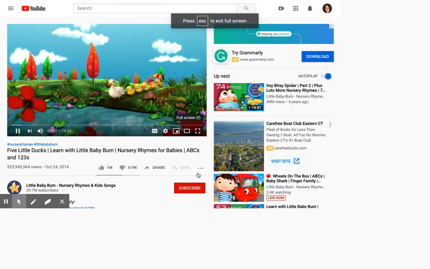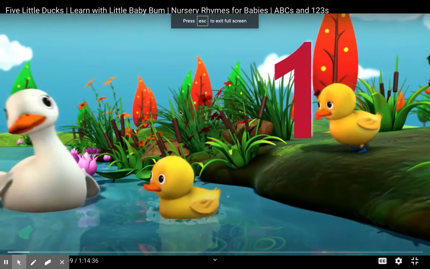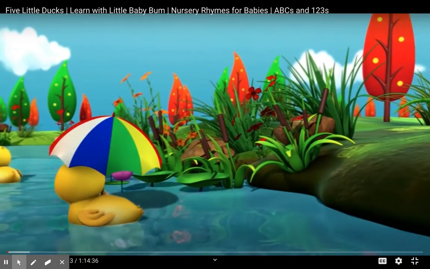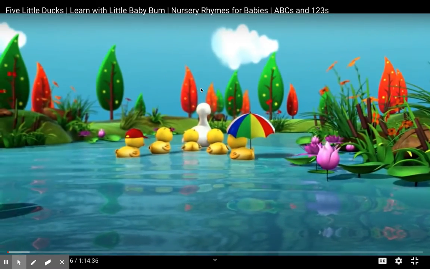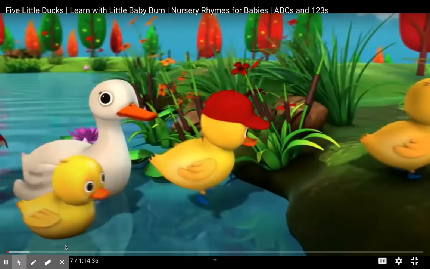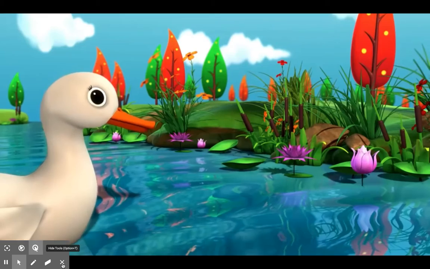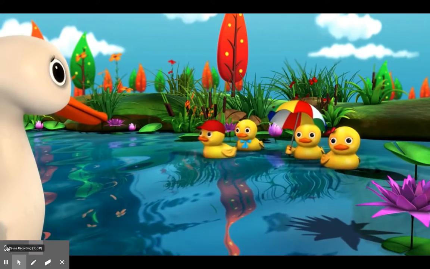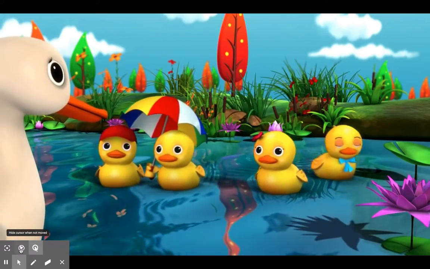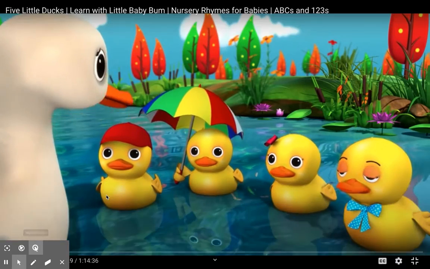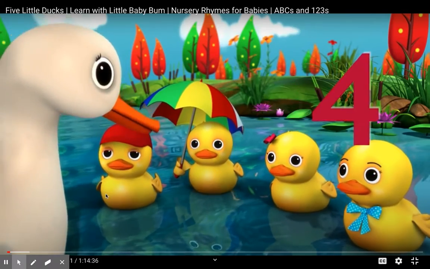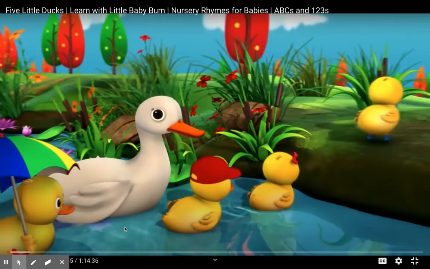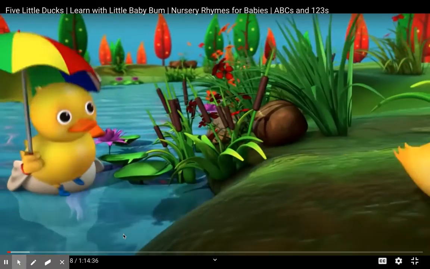Oh, look! There's five little ducks. 1, 2, 3, 4. Five little ducks went swimming one day over the hill and far away. Mother duck said, quack, quack, quack, but only four little ducks came back. Four little ducks went swimming one day over the hill and far away.